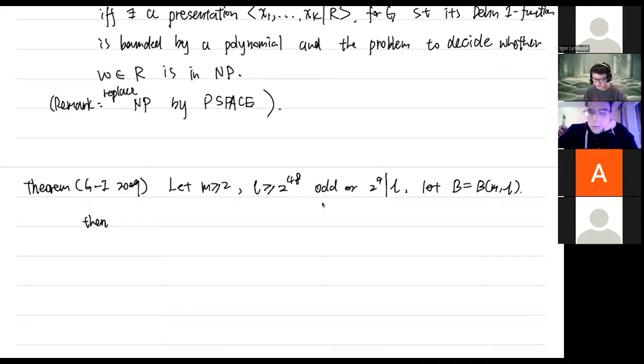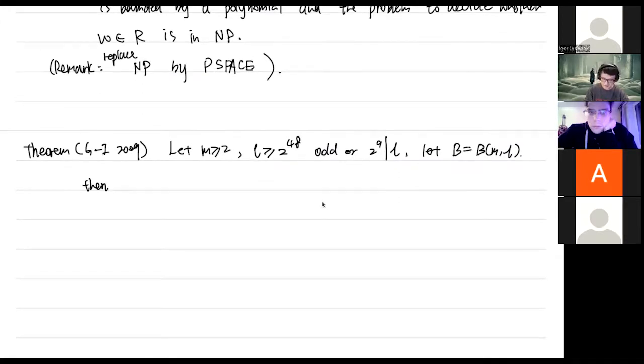Because the Dehn function depends on the presentation you choose. But anyway, if we have that presentation, you can show that under this circumstance, the Dehn function is bounded by n to the 90 over 12.